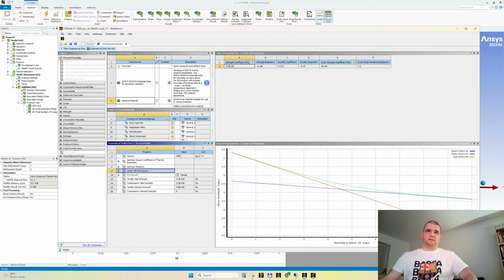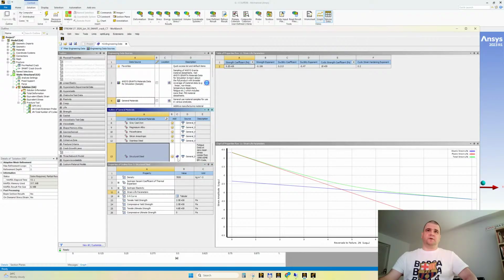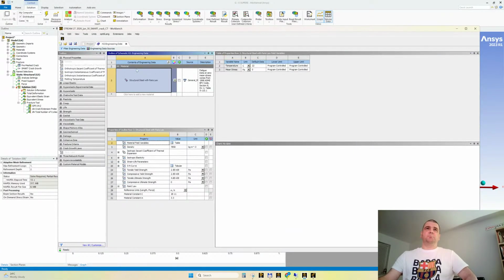It's not here, you can see in the default, because I cannot create another default now. Look here, the material is already in my library. I cannot create another structure steel because I already have it. It's here. But what I have added is this one, Paris law.